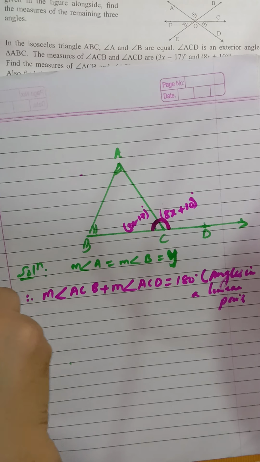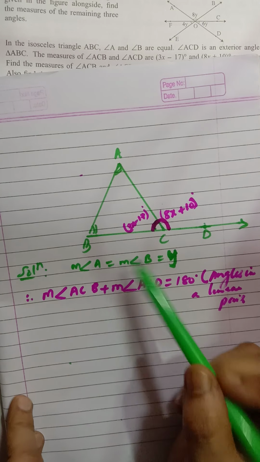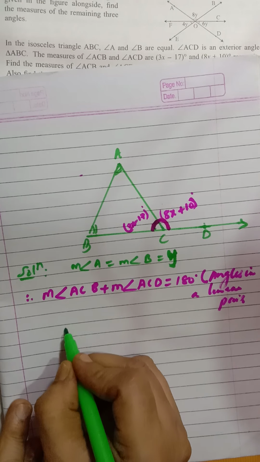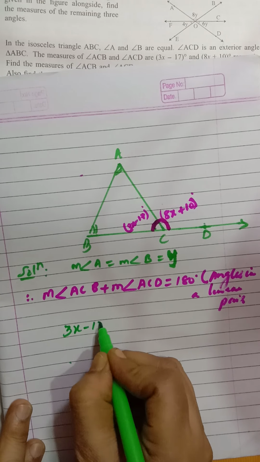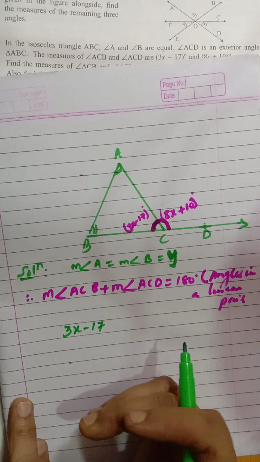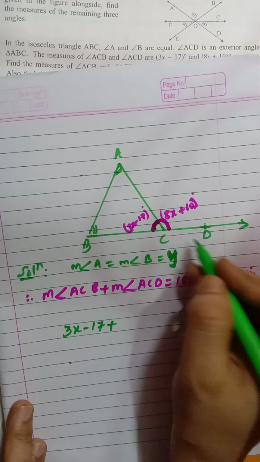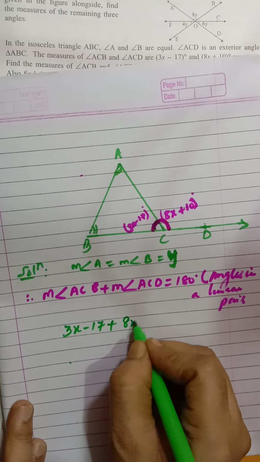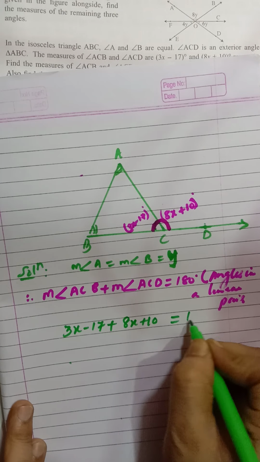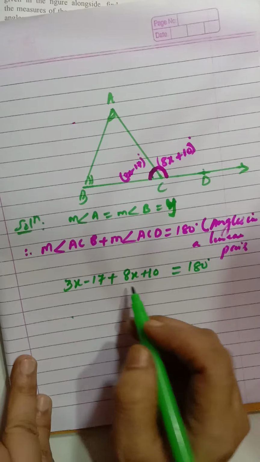Now the measure of ACB is 3x minus 17, plus the measure of angle ACD, 8x plus 10, is equal to 180 degrees.